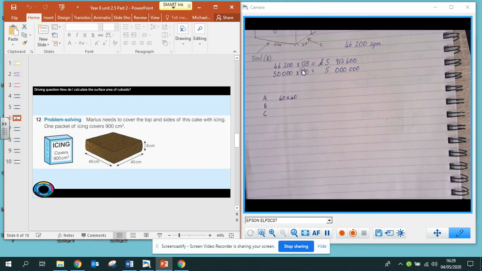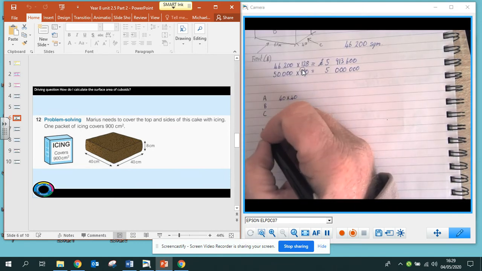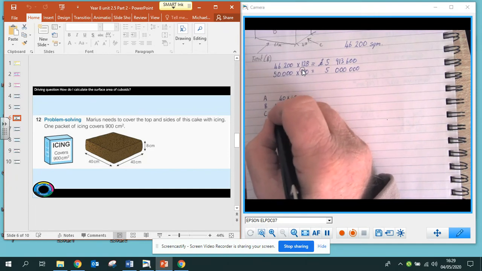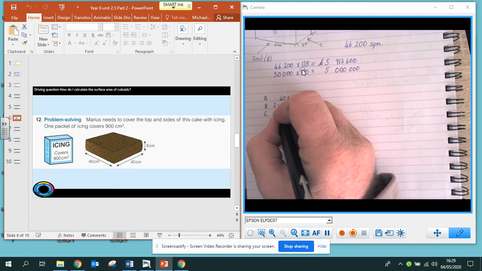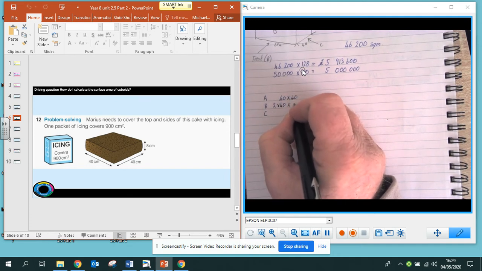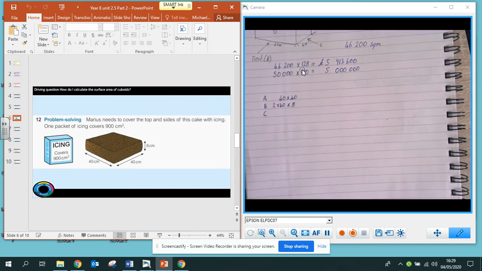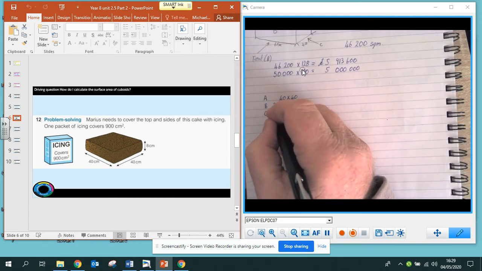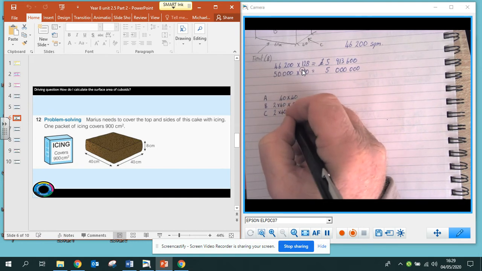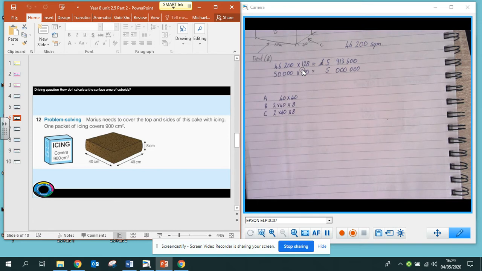B, the front elevation, because we're doing all the way around the cake, we need the front and the back. We need 2 times 40 wide by 8 centimetres high. And lastly, C, the side elevation. Once again, we're going to need both sides iced, so we're going to need 2 times 40 times 8 centimetres high.